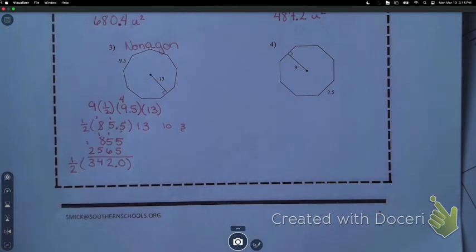We multiplied in a different pattern, but I'm going to check our math. So we did 9 times 9.5 first, right? Yeah. And we got 85, okay, times 13. Oh, we did not do something right. It should be 1,111.5.